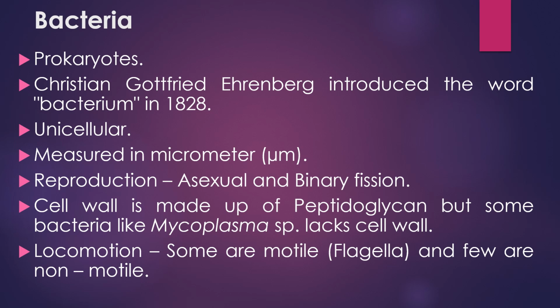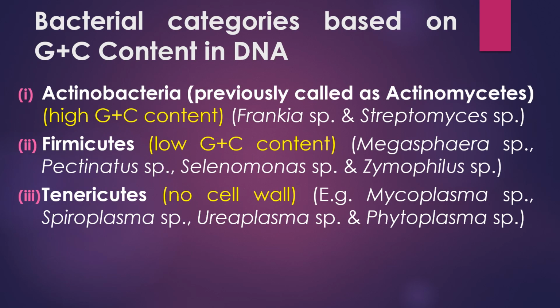The bacterial cell wall is made up of peptidoglycan, but some other bacteria like Mycoplasma species lack this cell wall. And locomotion, some bacteria are motile due to the presence of flagella, and few are non-motile in nature. And based on the GC content in the DNA, the bacterial species are categorized into three categories.